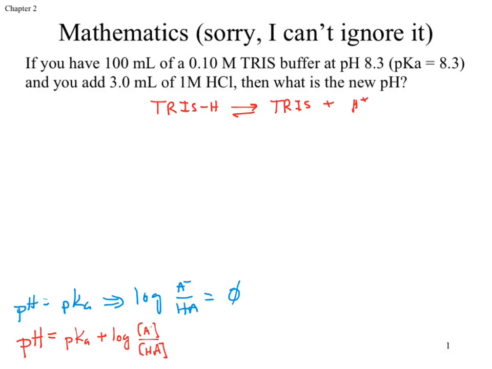For that to be the case, A minus and HA have to be the exact same thing. Otherwise, it doesn't work. So, to simplify, we're going to end up just saying that the concentrations of our tris and our tris H are ultimately going to be the same. And we won't worry about going through and calculating those.